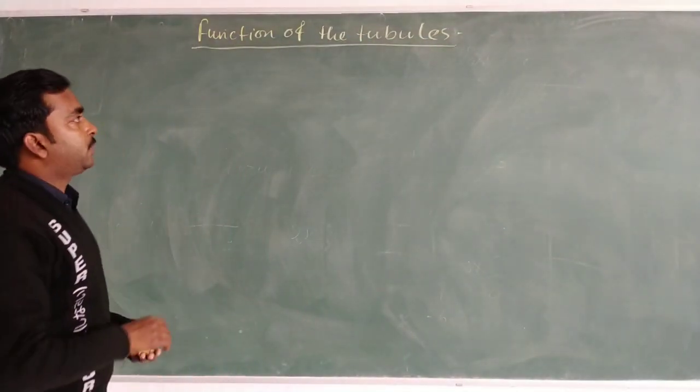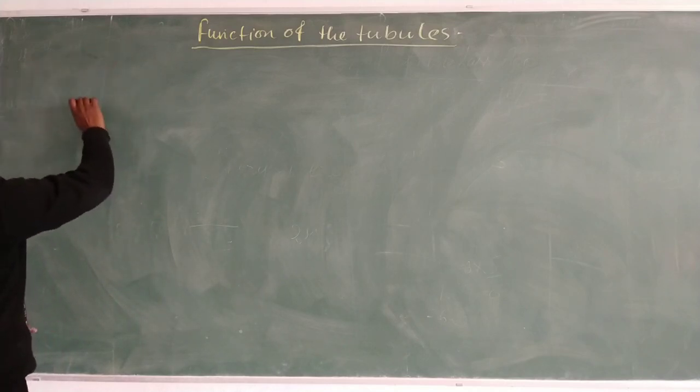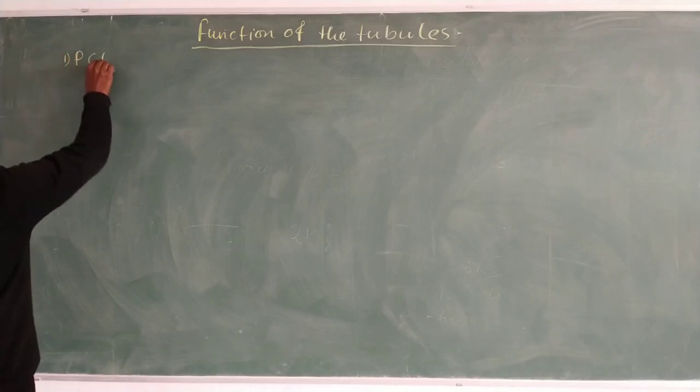As the tubules are divided into different categories, there are four main categories. First we will discuss the PCT.